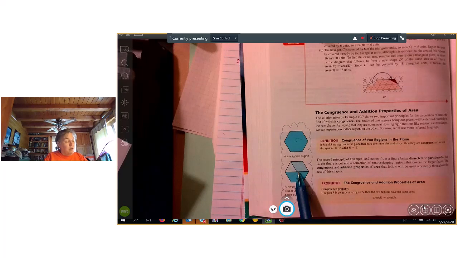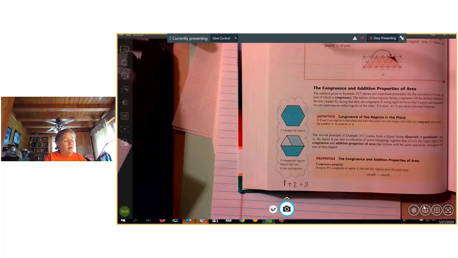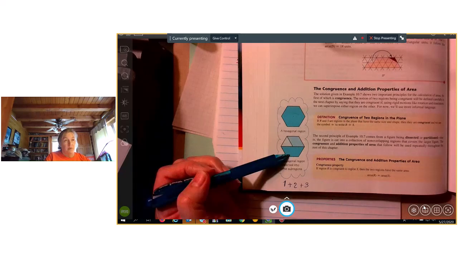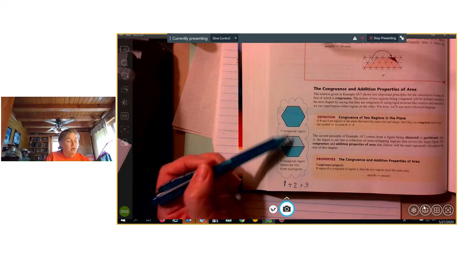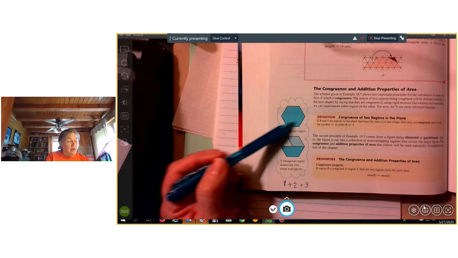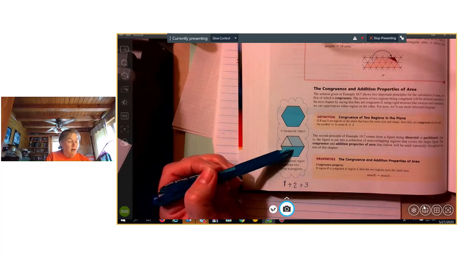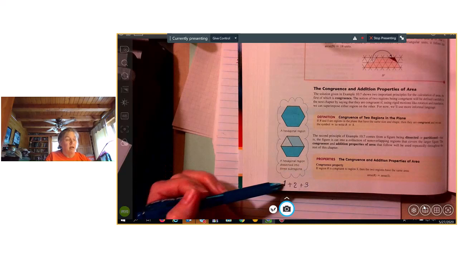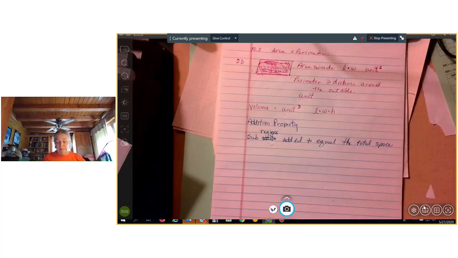The area for this one would be plus 2 triangles, and then plus 3 triangles. And so they would have altogether an area of 6 triangles. So that's all the addition property is saying, that these 6 triangles may be in a different format, but when you add them, you're going to have the same area in both places.